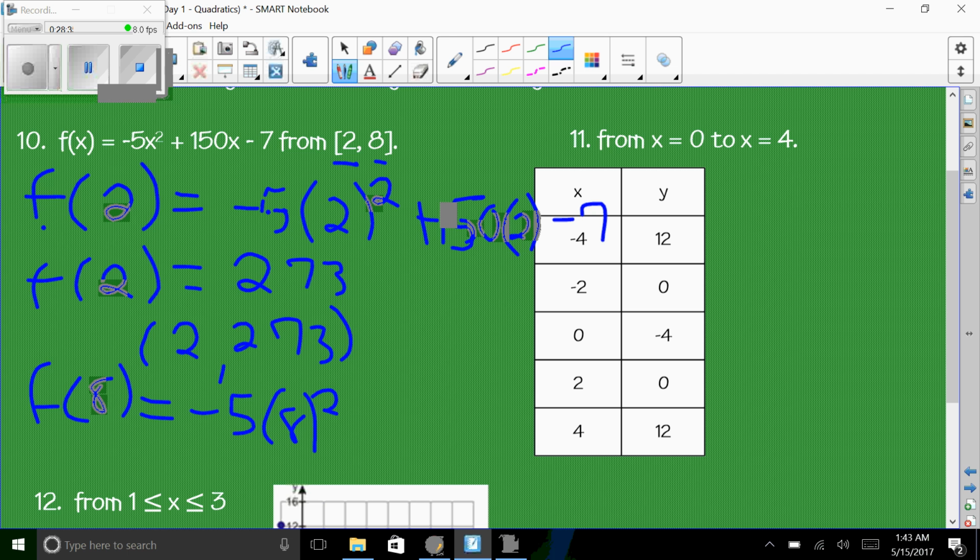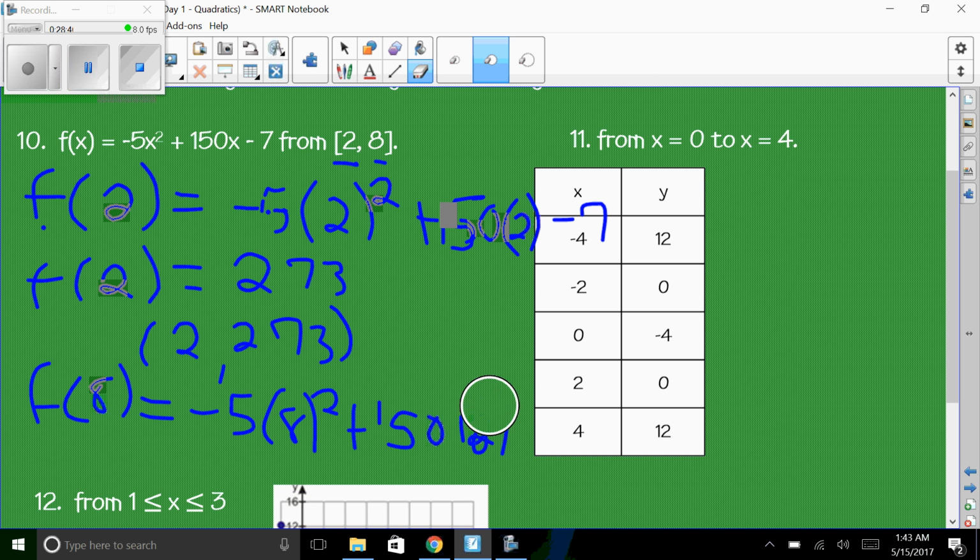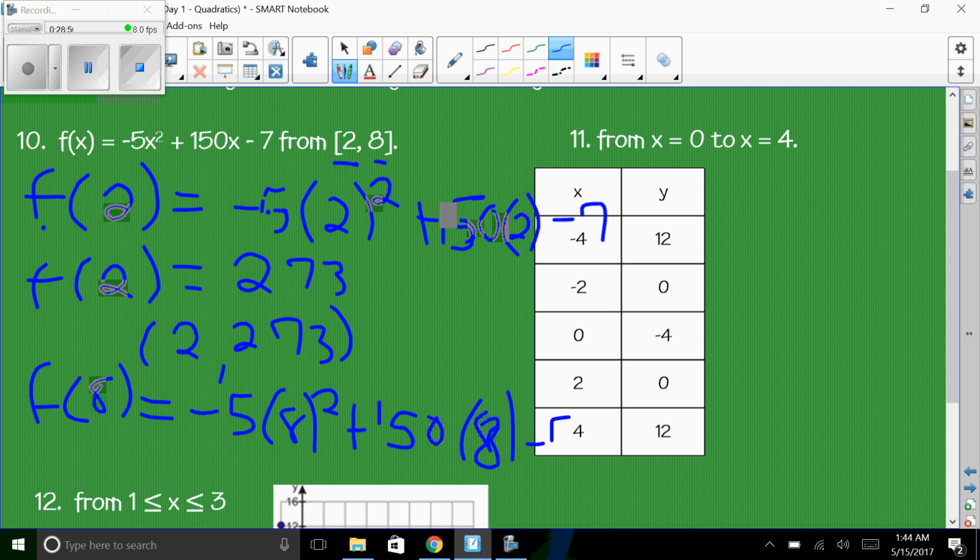Okay, so plus 150 times 8, excuse me. Minus, and don't forget the -7 part. Put that in your calculator, and you end up with f of 8 equals 873.